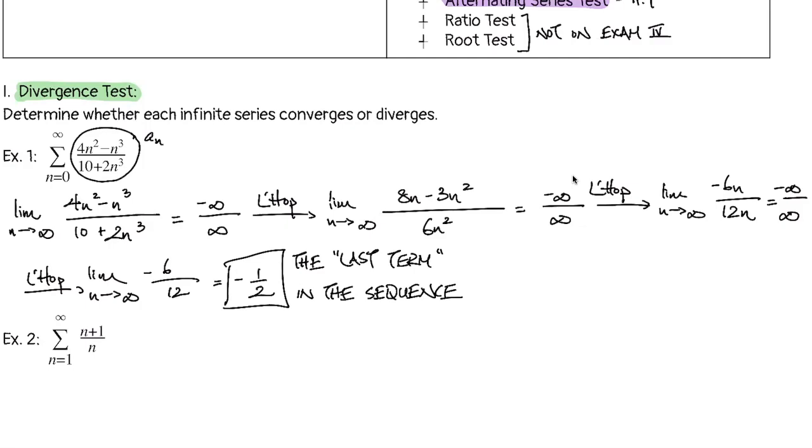Now what that means in terms of series is this. If the last term is a number that's not 0, what that means is you're always adding something more to your sequence or to your series, okay?